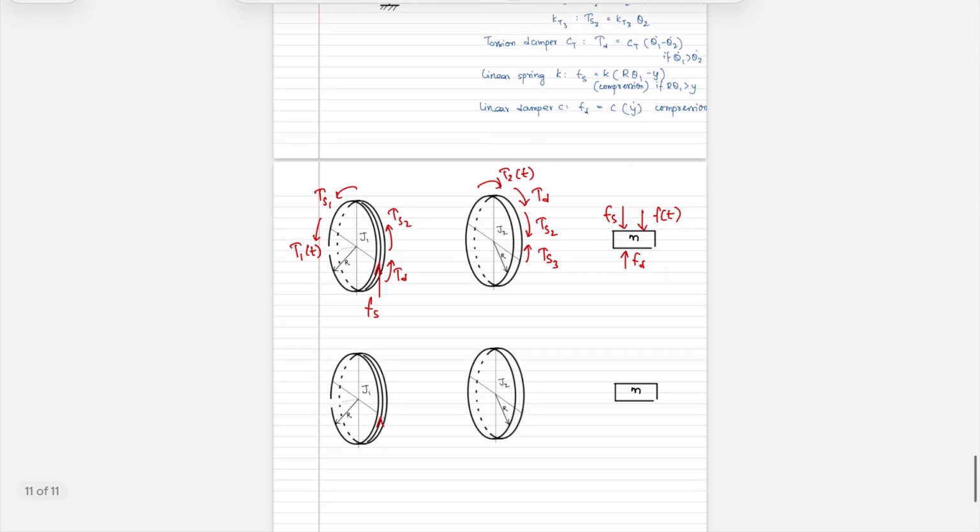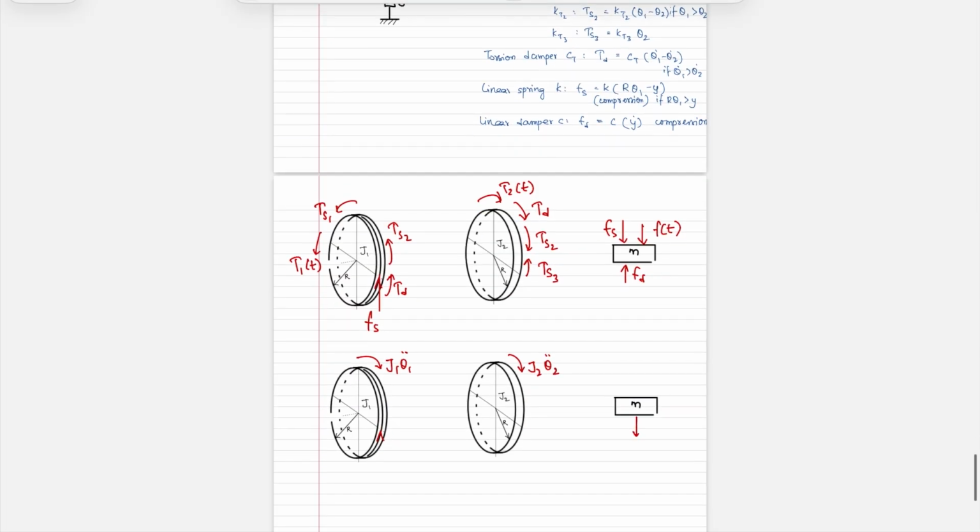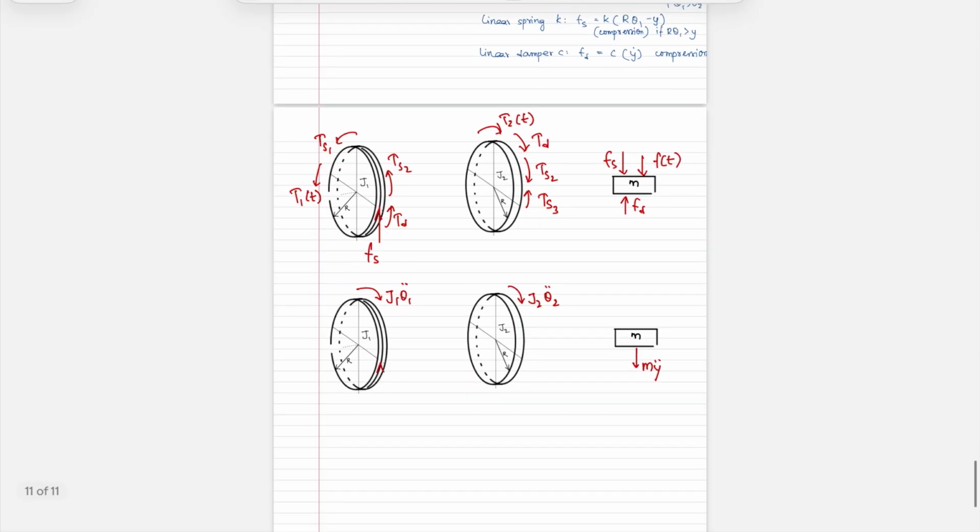So that is what I show here as J1 theta 1 double dot. Similarly, you have J2 theta 2 double dot because we had theta 2 in this direction. Now here's y. So we will have, in this case, M y double dot as a force.